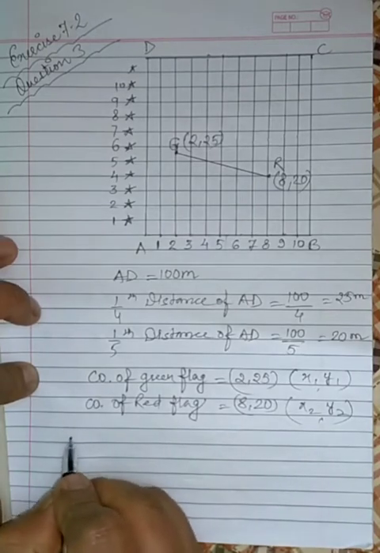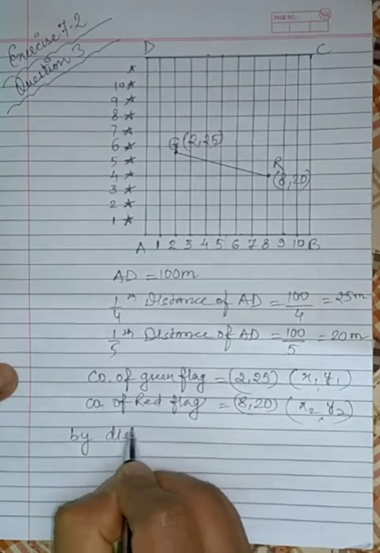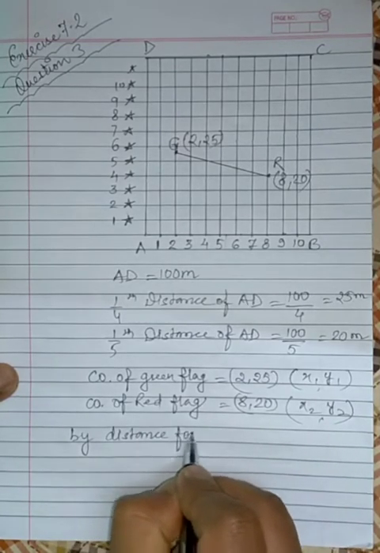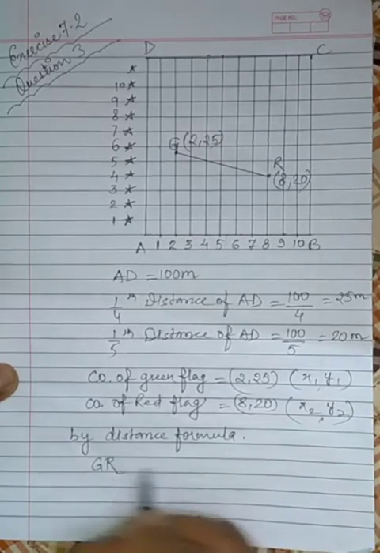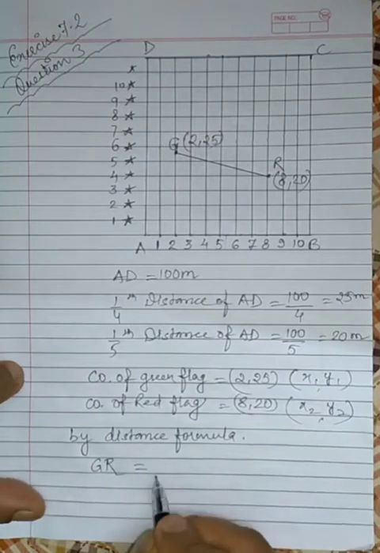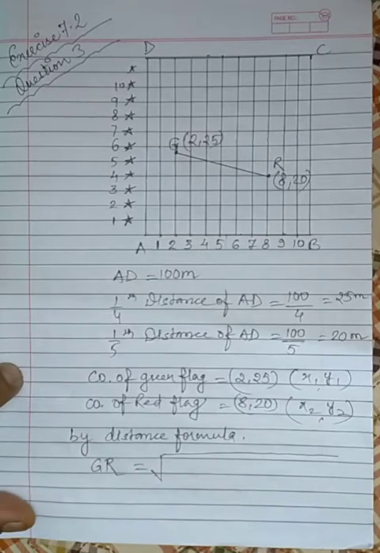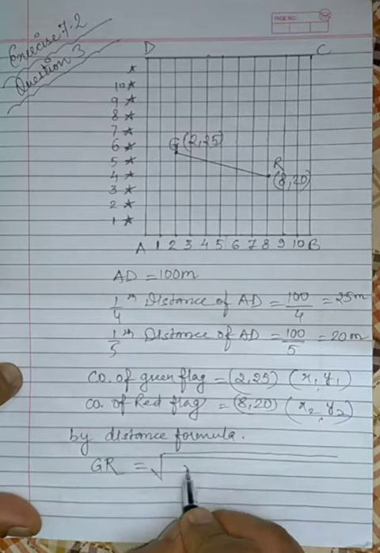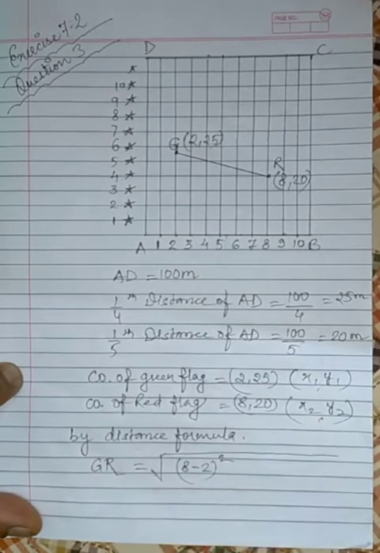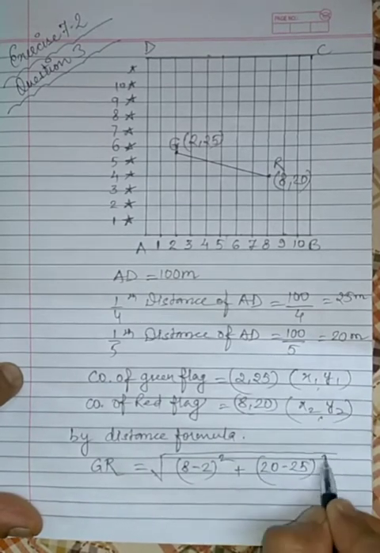So by distance formula, distance GR will be equal to under root x2 minus x1 the whole square plus y2 minus y1 the whole square. So x2 minus x1, that is 8 minus 2 the whole square, plus y2 minus y1, that is 20 minus 25 the whole square.